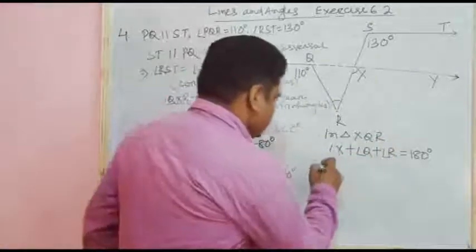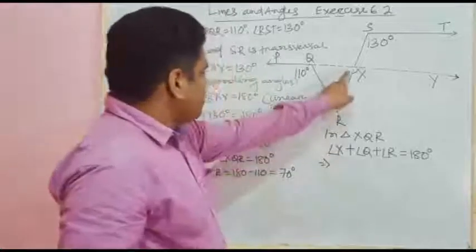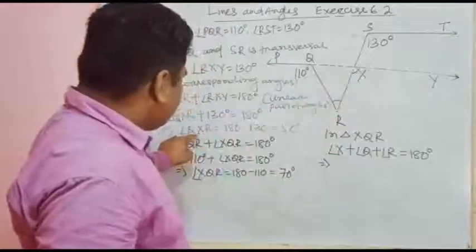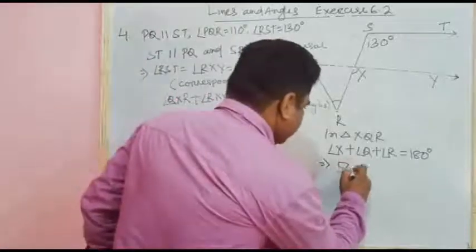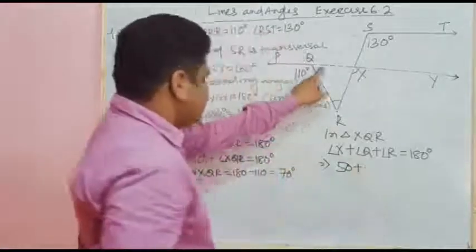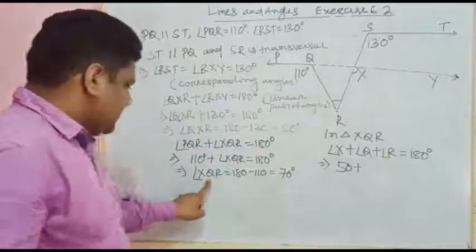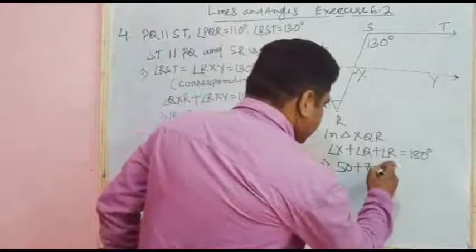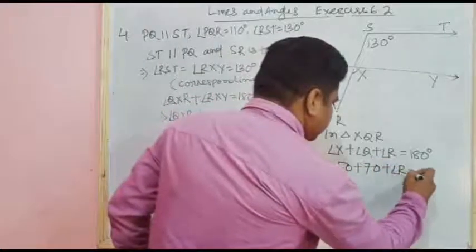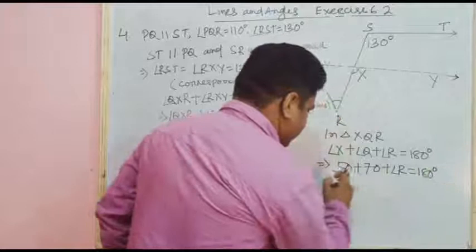So angle X, this one, how much is it? Angle QXR is 50 degrees, plus angle Q we got, that is angle XQR, is 70 degrees, plus angle R is equal to 180 degrees.